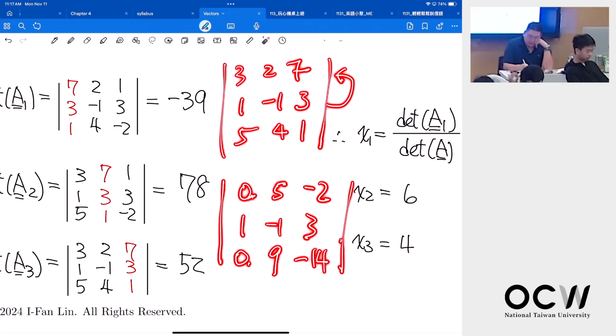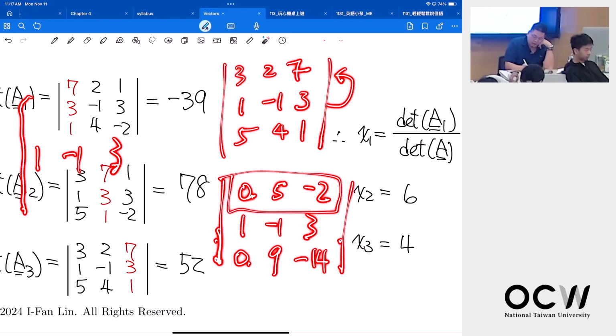Now, again, I will write it down here. 1, minus 1, 3. And then, since, for example, to here, you can still simplify that. But now I can choose this. If I choose this row, now I have a 0. So 0 times anything, 0.